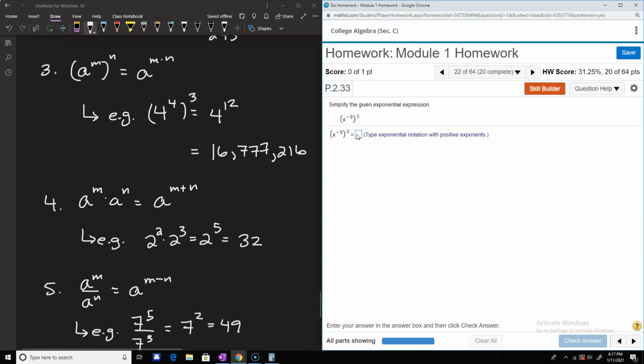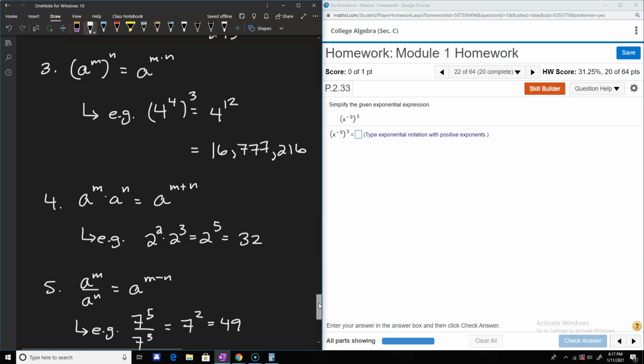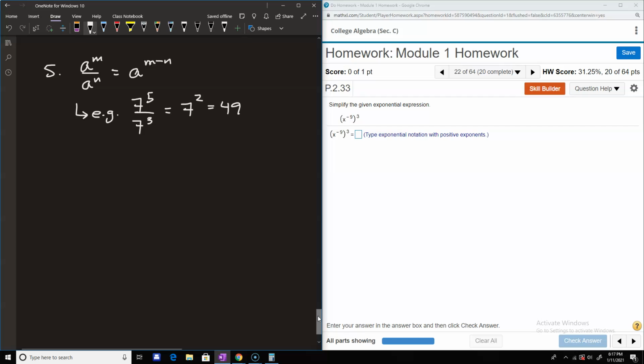Again, we've got the same thing here for number 22. We're multiplying the exponents. So 9 times negative 3 is negative 27. But notice the instructions say to write your answer using positive exponents. So we know this is x to the negative 27th, but that's a negative exponent. So from property number 2, we can rewrite this as 1 divided by x to the 27th.